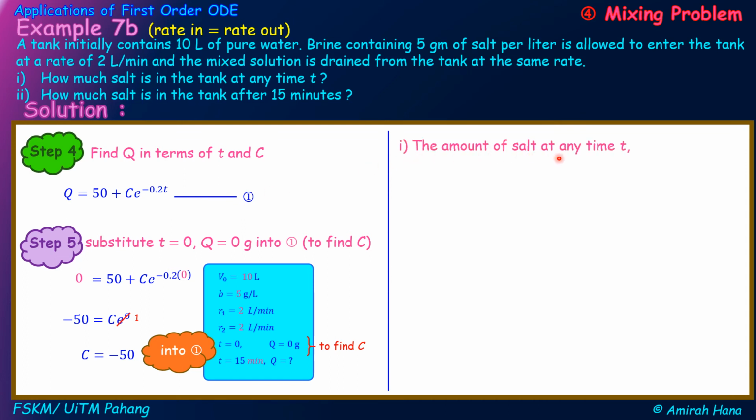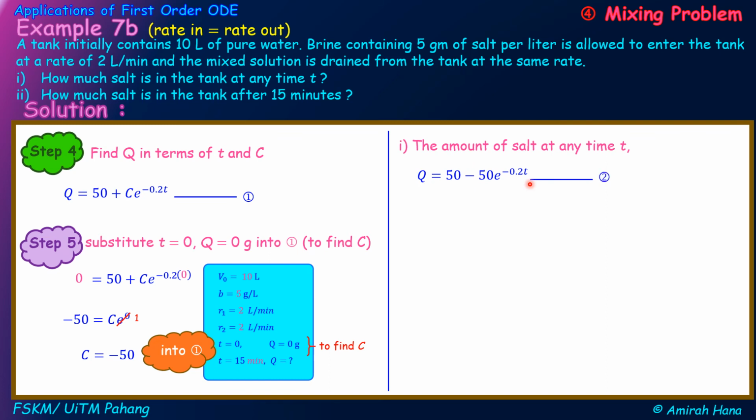The amount of salt at any time t is Q equals 50 minus 50 e to the power of negative 0.2t. We substitute c equals negative 50 into equation 1, into c here. So we get this, 50 minus 50 e to the power of negative 0.2t.